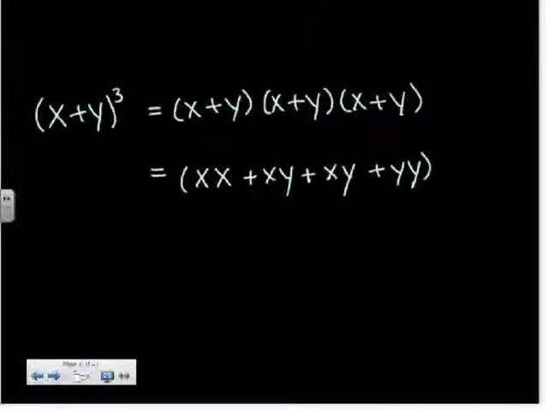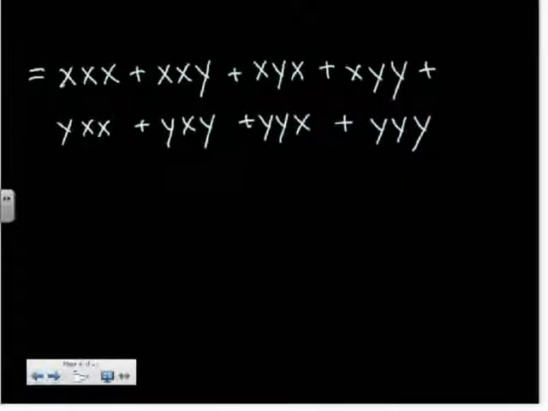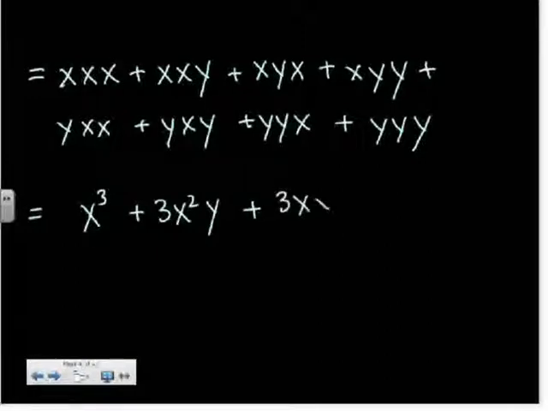This is still multiplied by yet another x plus y. Now, sparing you from rewriting it, this multiplies out finally to xxx plus xxy plus xyx plus xyy. You get the picture. And finally, this simplifies to x cubed plus 3x squared y plus 3xy squared plus y cubed.